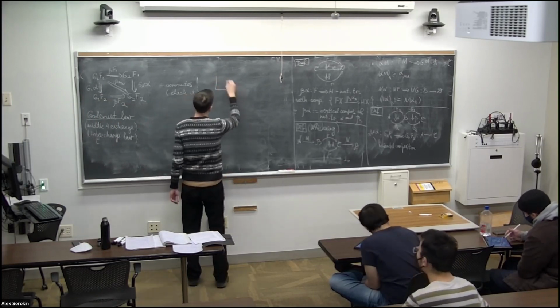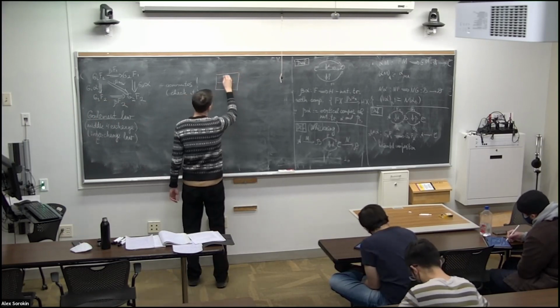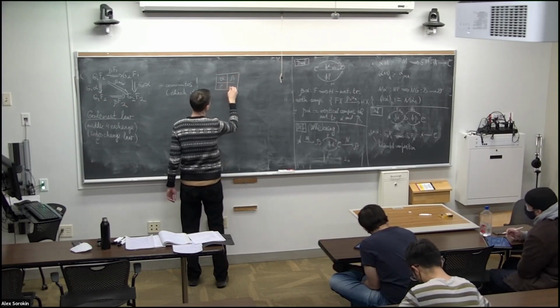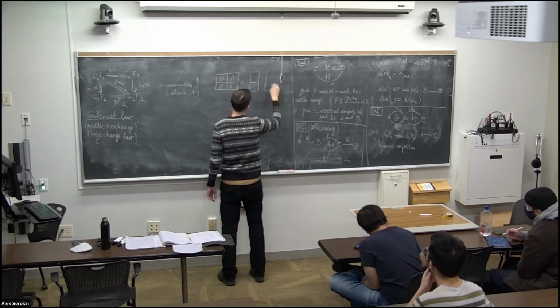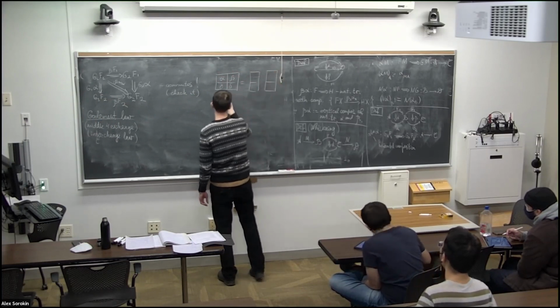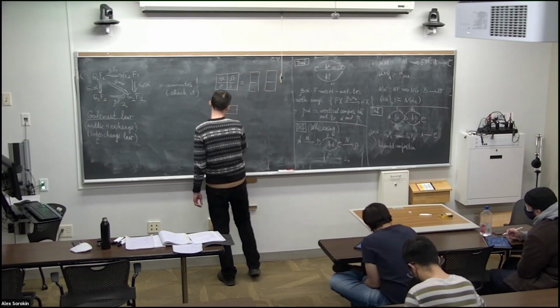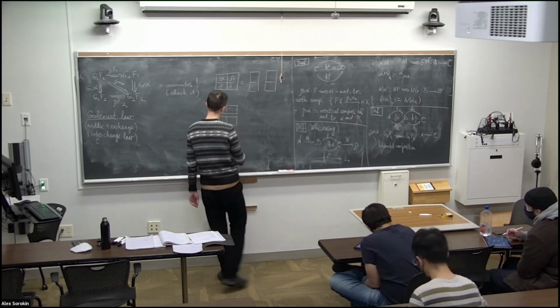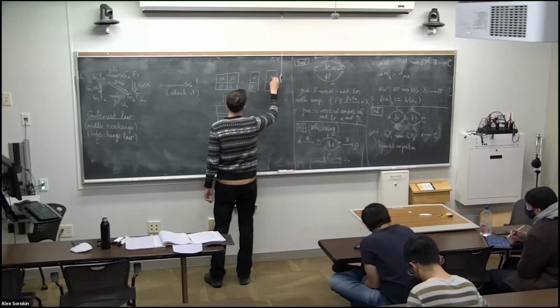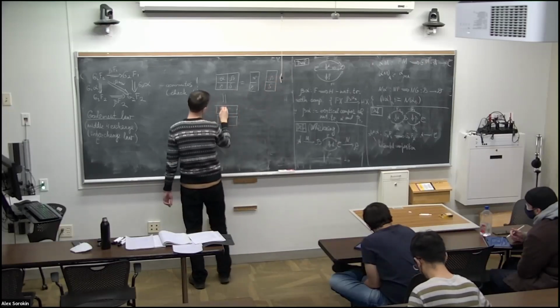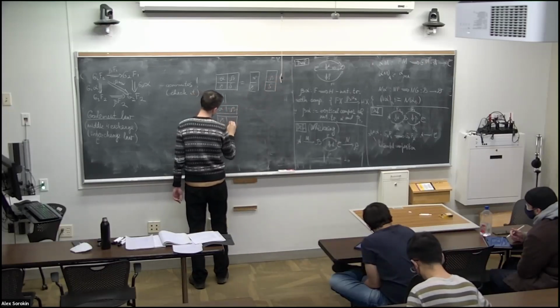If you have a square, here is alpha, beta, gamma, delta. This square you can write this way, or you can write this way. Here, alpha, gamma, beta, delta. Here, alpha, beta, gamma, delta.